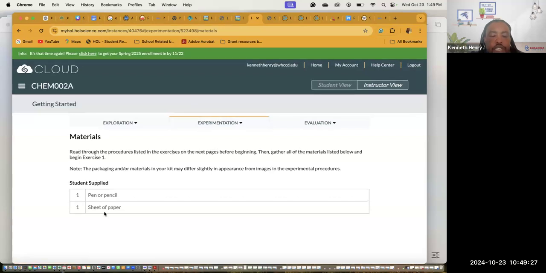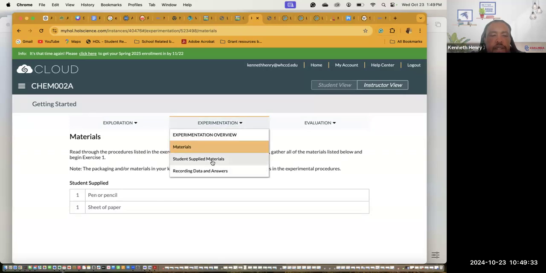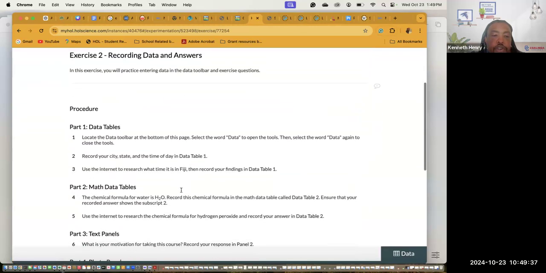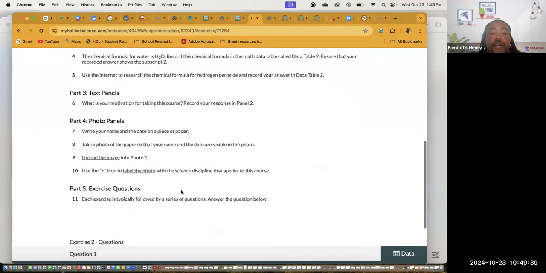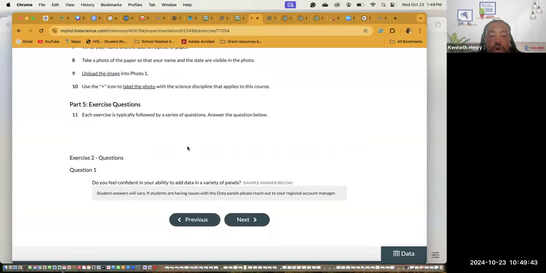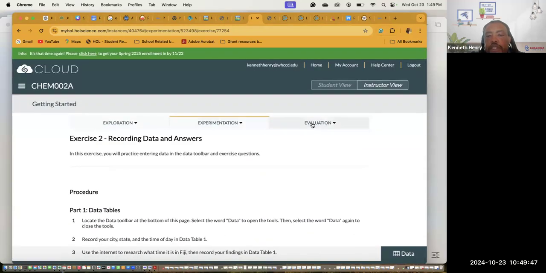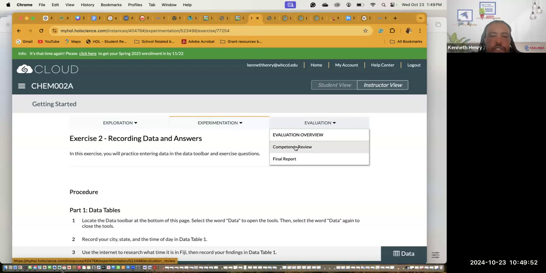The materials that you need to supply at the beginning will be listed. And this is where you're going to record your data and answers. Make sure you go through all of the steps to answer all of the questions, because that's how you get your points. And then evaluation is just to make sure that you understand what you're supposed to do, and it's more questions they'll ask you.